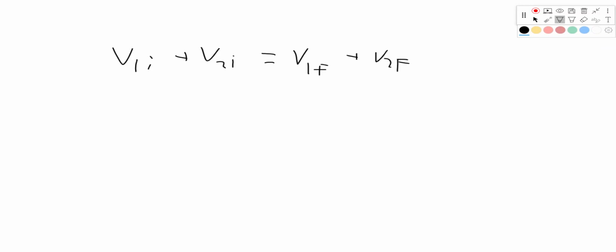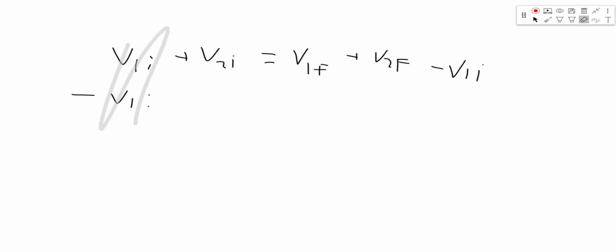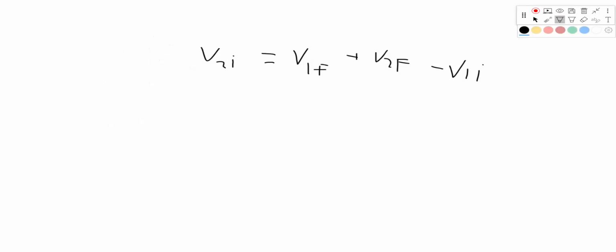And then we can simply subtract this term from both sides in order to get our velocity of 2 initial alone. So this is the equation we're going to use, and at this point, all we have to do is plug in the numbers.